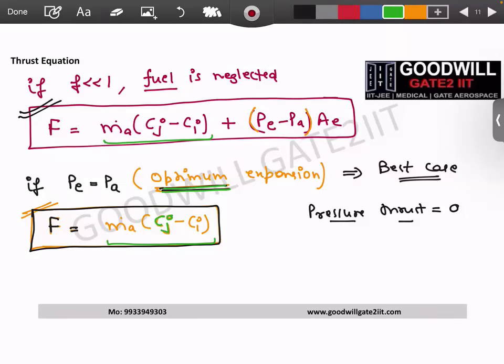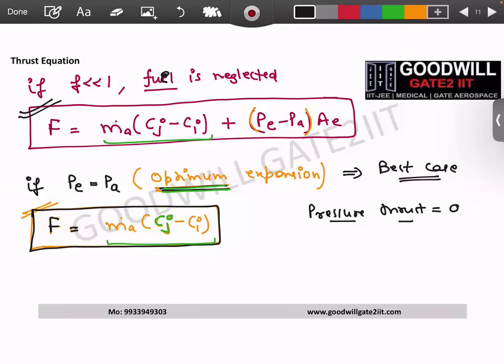You will get the best exit velocity. Why is that? We need to understand by understanding the concept of nozzle, and you will understand what is a choked and unchoked nozzle. So slowly we will develop our concepts, but for now please at least keep this in mind, and I hope you will remember this throughout your life, because explanations and clear concepts you will never forget.